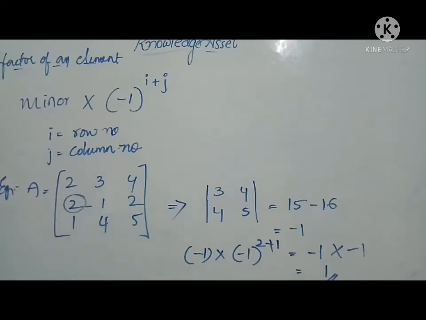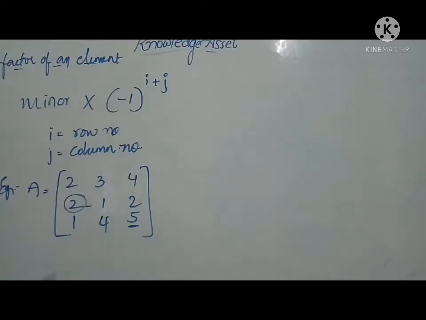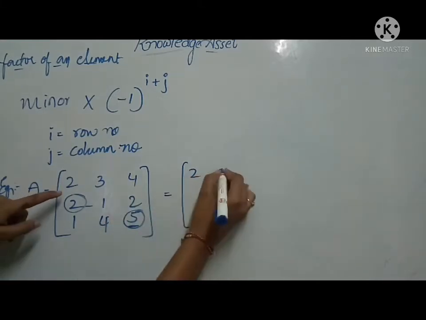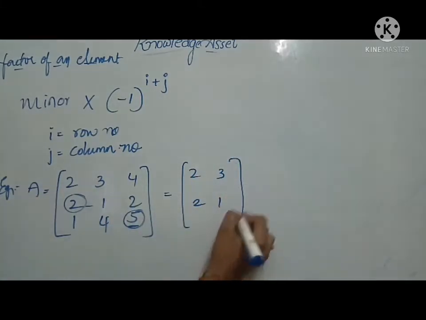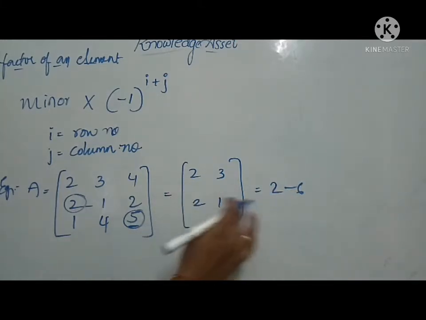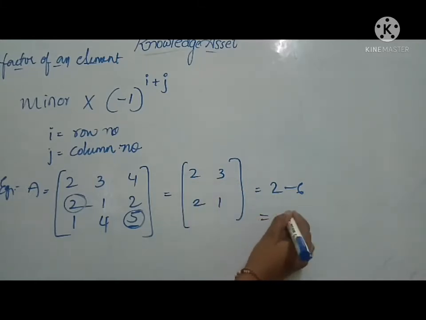Similarly, find the cofactor of the element 5. It is done in a similar way. Let's find it. To find the cofactor of element 5, we have to find the minor of the element, that is 2, 3, 2, 1. That is 2 minus 6, since 1 times 2 is 2 and 2 times 3 is 6, which is equal to minus 4.